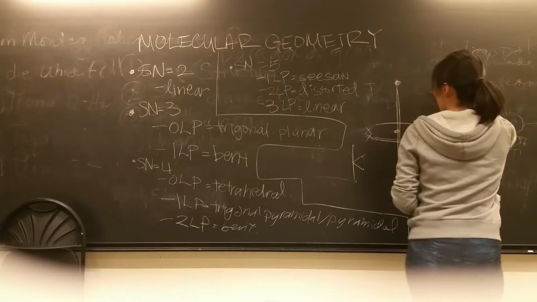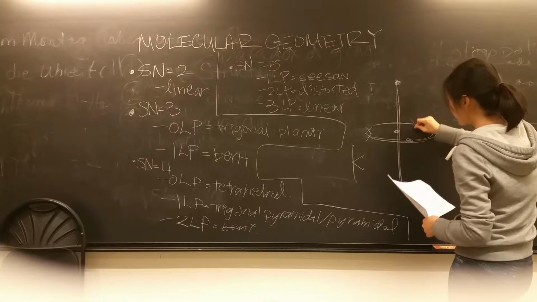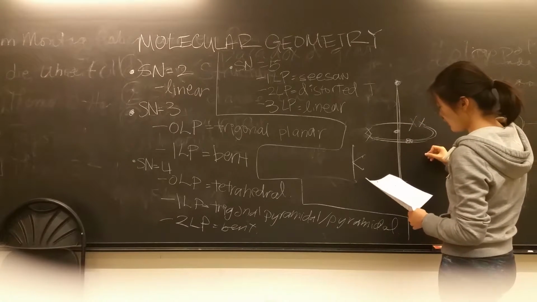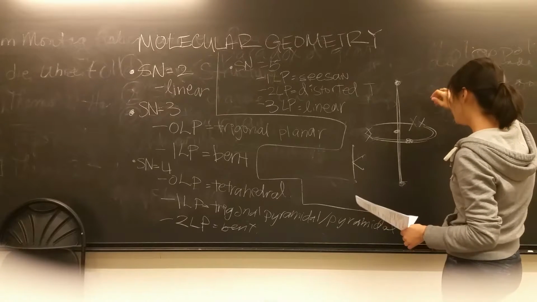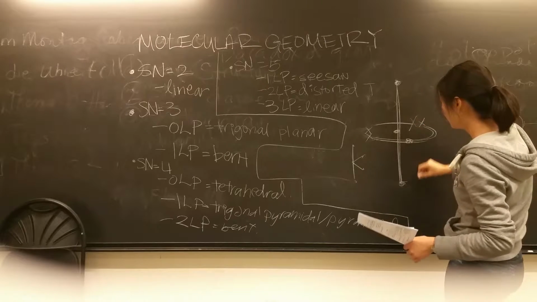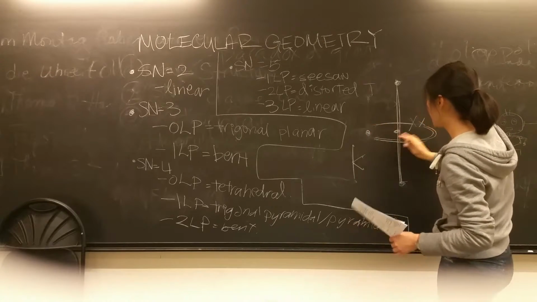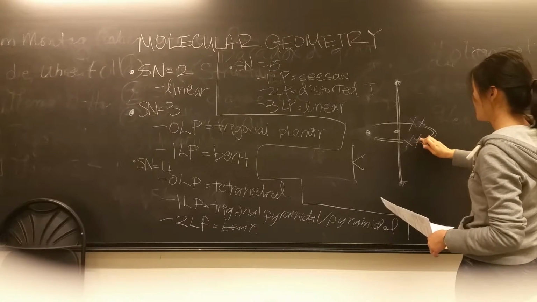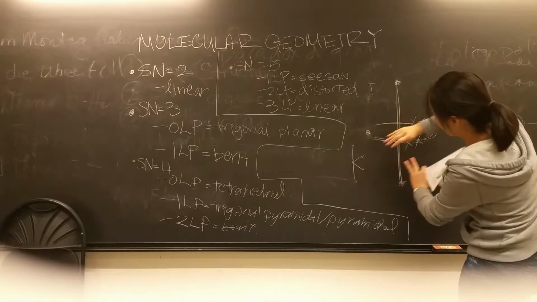If you have two lone pairs, then what's going to happen is you have a molecule that looks more like, maybe it'll be easier if I just. So two lone pairs, these are going to push on everything else.